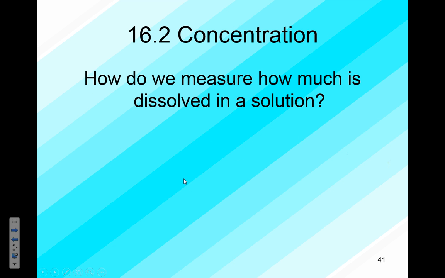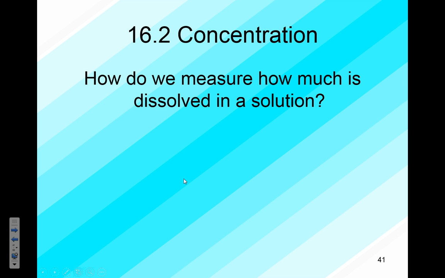Now, the other thing I wanted to do today was introduce one of our more common types of everyday ways of looking at how much is dissolved in a substance. Concentrations can be very, very important in different situations. Something can be necessary for human survival at a low enough concentration, but too high in concentration, it can actually be quite toxic to us.